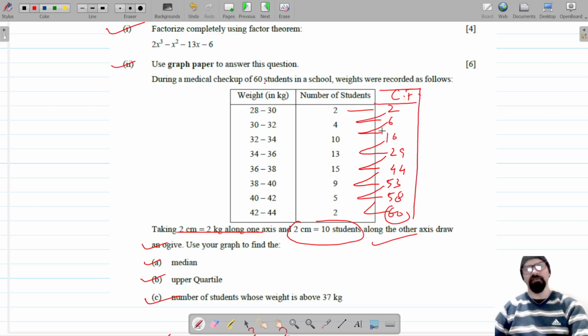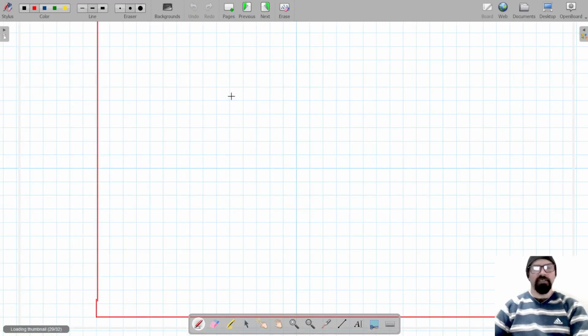Okay, so we have got the cumulative frequencies, and let's plot the ogive now. Cumulative frequency is the total number of students up to and including a certain weight. And we can now plot the cumulative frequencies on the graph paper. The horizontal axis will represent the weight in kg.